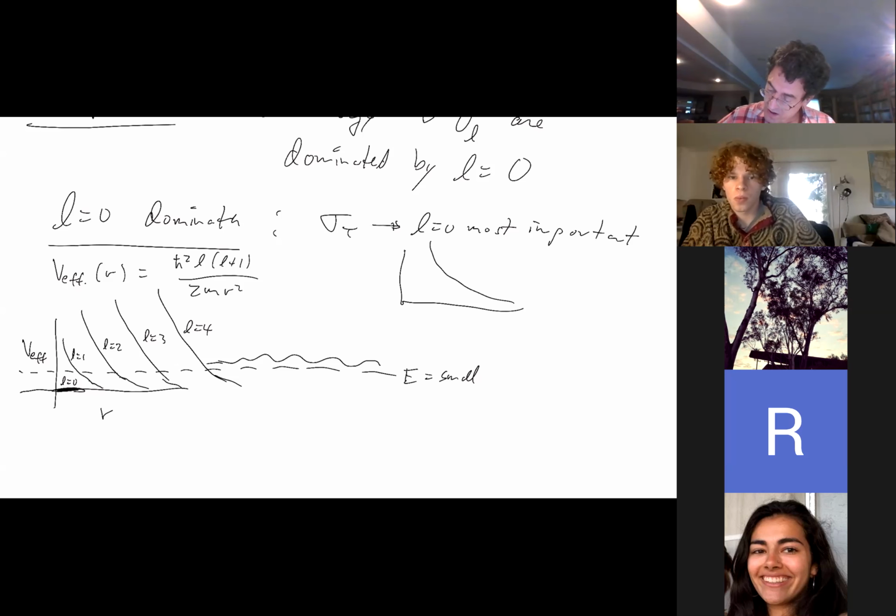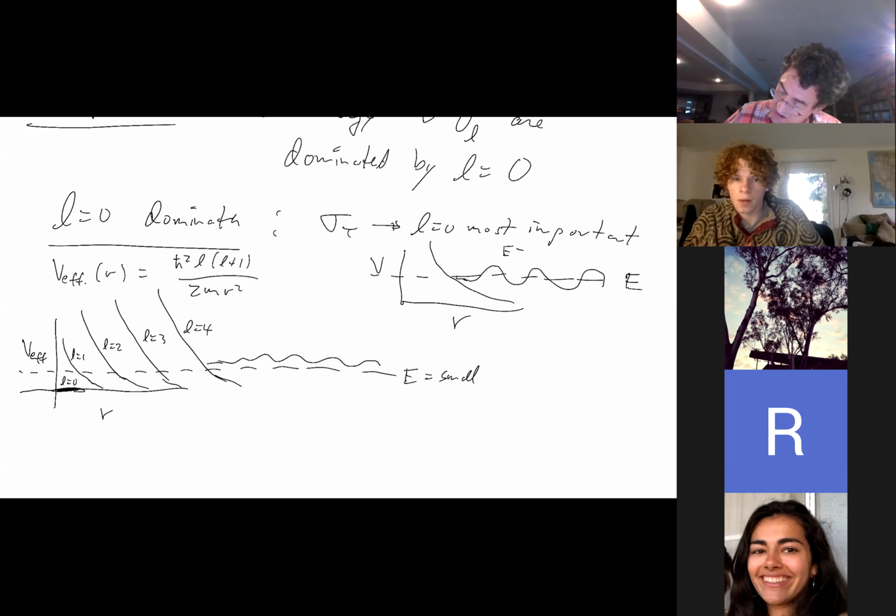Here's a potential, V of r, and if this is your energy, E, out here on the right-hand side your wave function is wiggly because your energy is greater than the potential. But on this side, your energy is less than the potential. So what is it? It gets small. It decays exponentially.